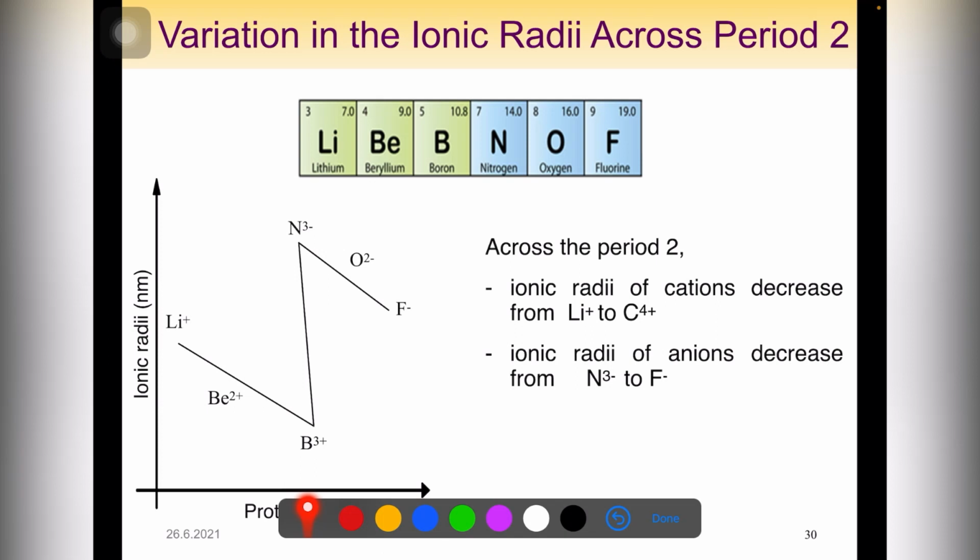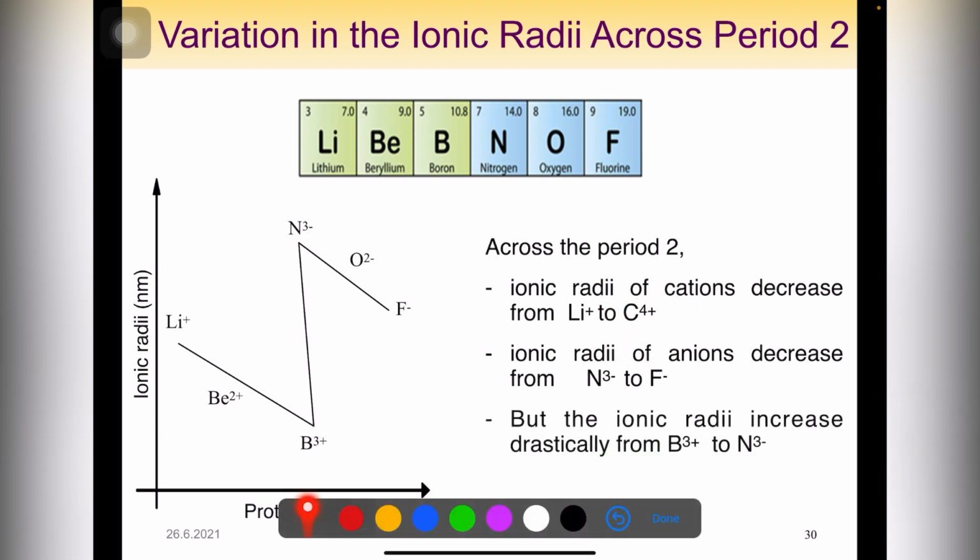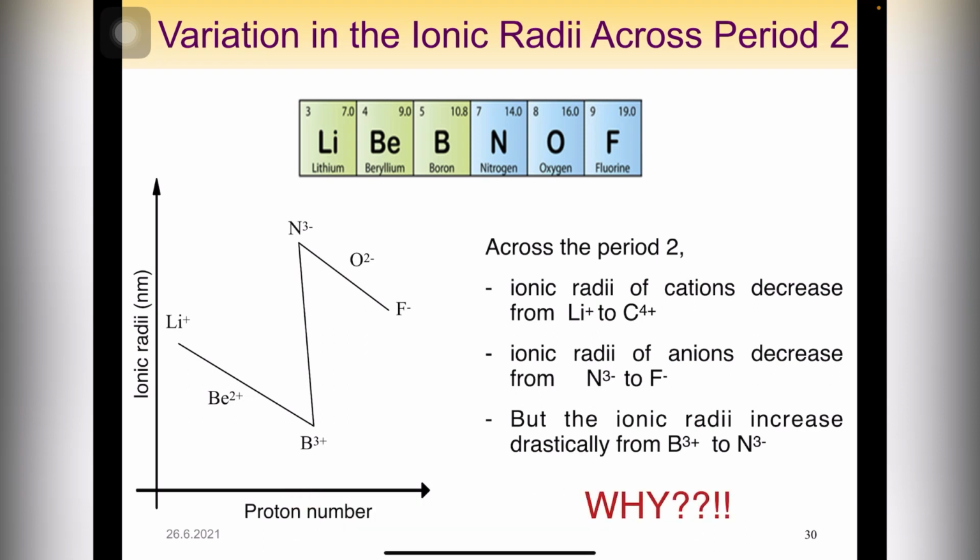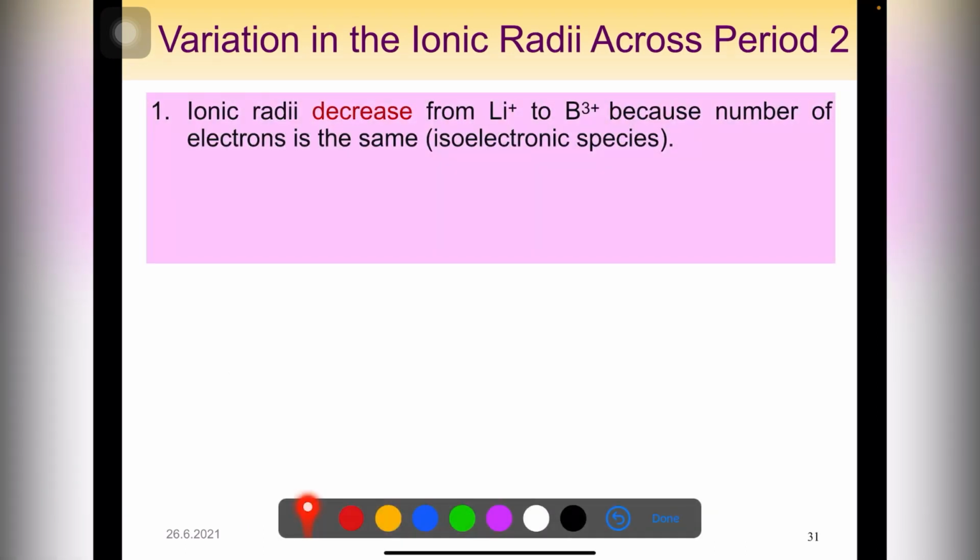But the ionic radii increase drastically from B3+ to N3-. Why? Ionic radii decrease from Li+ to B3+ because the number of electrons is the same. It is the isoelectronic species.